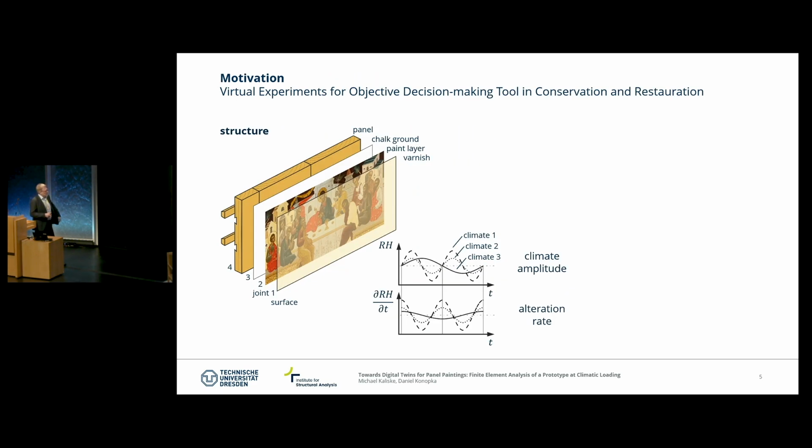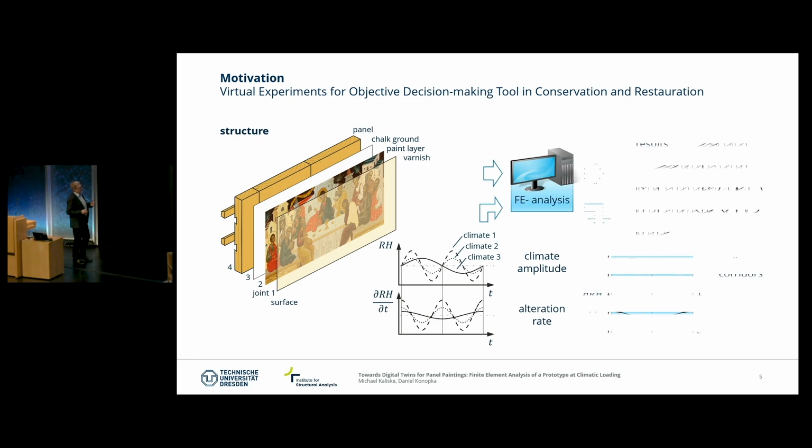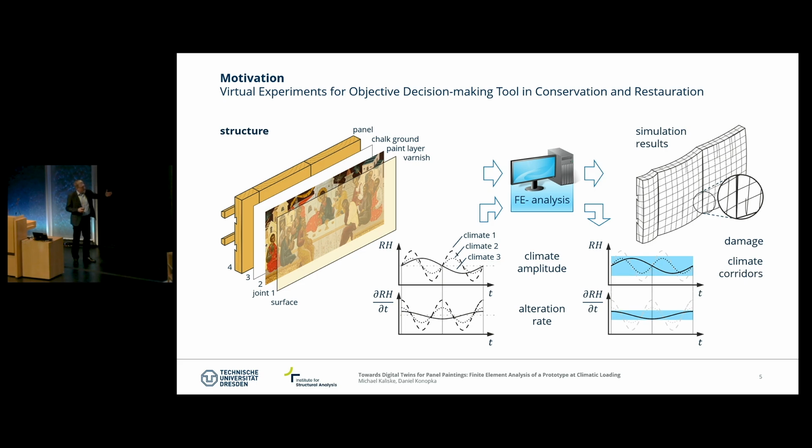So the idea is to have a realistic modeling which could be used then in the computer to find out about the different loading conditions, which could be really very different in order to come up, for example, with climate corridors that could be applied to these constructions. But on the other hand, we don't want to touch really the real objects. So we would like to carry all these virtual experiments out within the computer and then come up with some useful conclusions for conservation and restoration at the end.